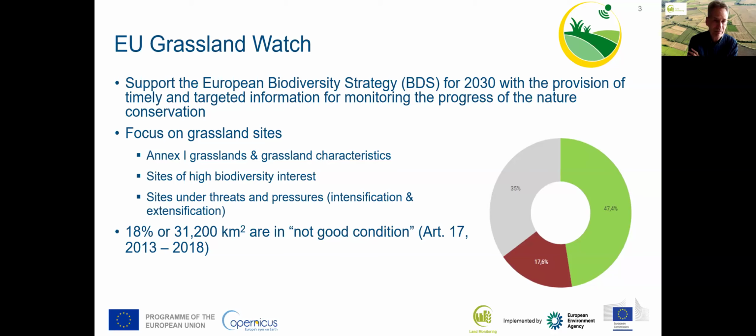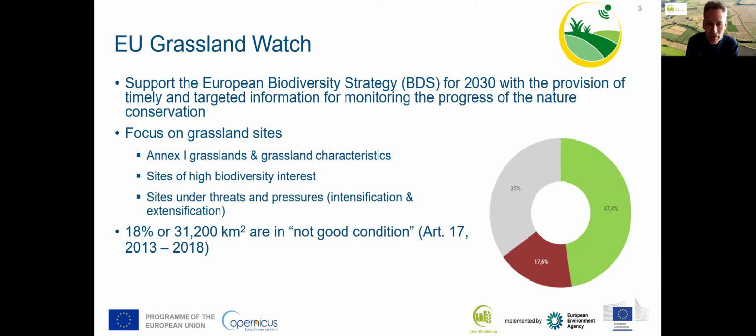In general, grasslands are sites of a high biodiversity interest because there's a multitude of habitats that exist on grassland sites, but they also are under high and diverse threats and pressures, and these threats and pressures actually range from overusing them to not using them enough.